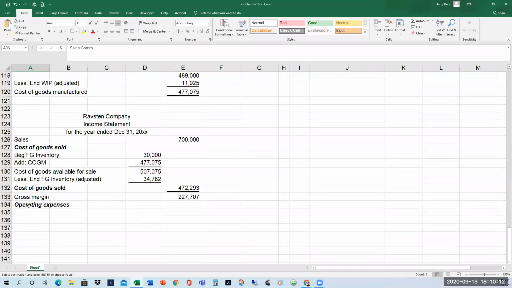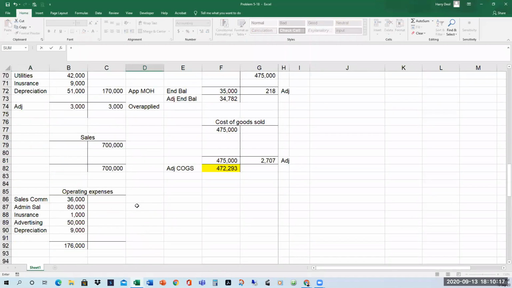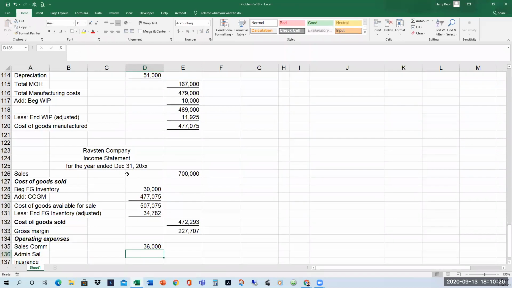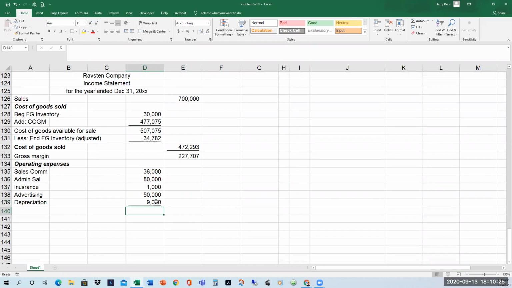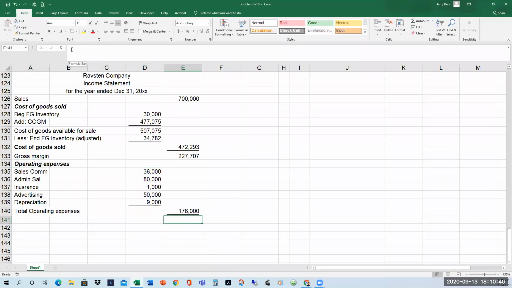We can just copy what was there, and the dollar amounts can link back. Total operating expenses, 176,000. Subtract the operating expenses from gross margin, we get operating income.